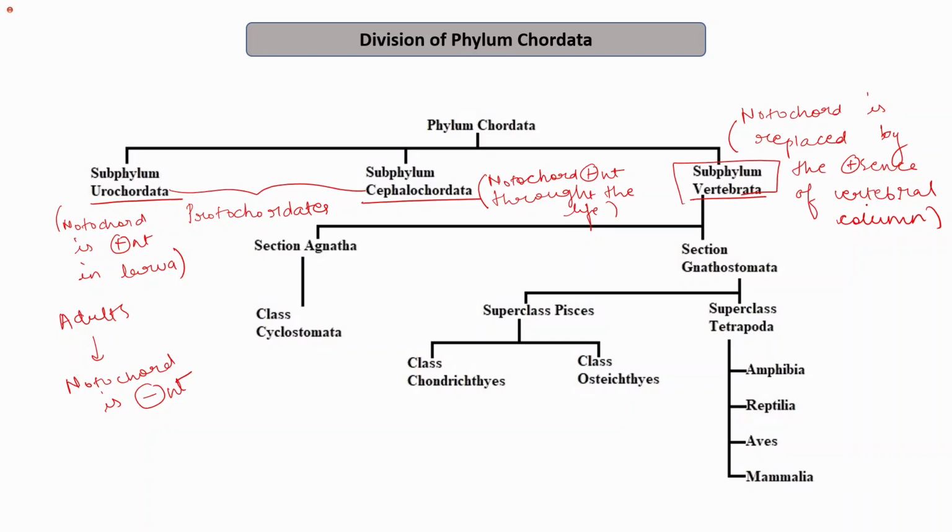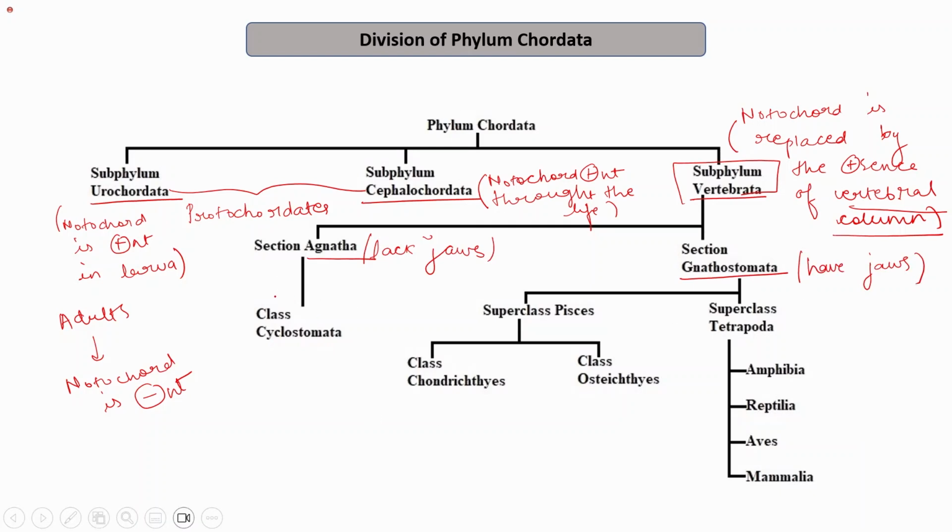This subphylum Vertebrata is divided into two sections based on the presence or absence of jaws: section Agnatha and section Gnathostomata.